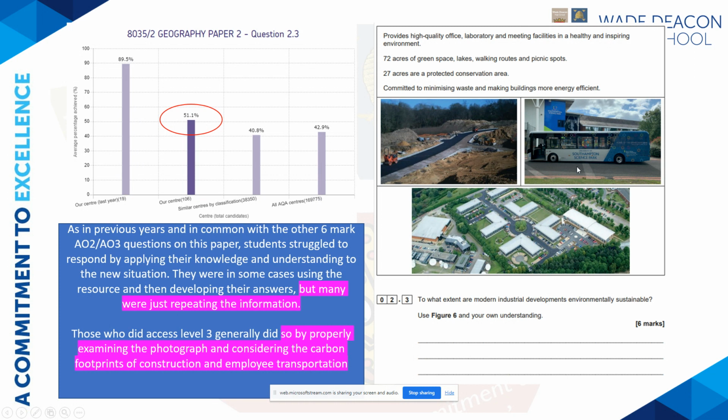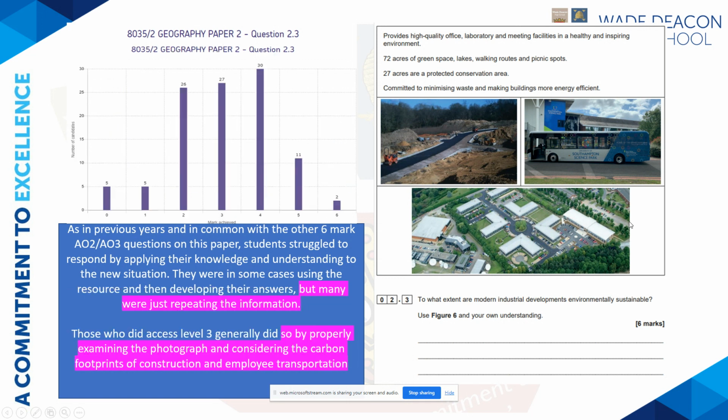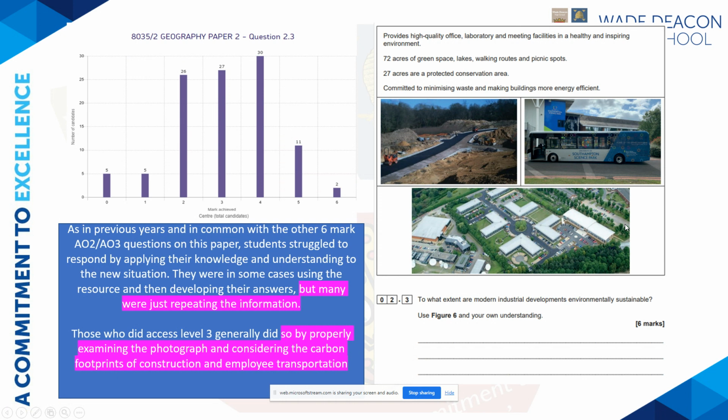To talk about the fact that the company put on buses for a park and ride system to get them to and from work. Think about electric car points when they pull up to work, and encouraging people to cycle to work as well. Another mixed bag. We got highs of 4 in this one. Only 2 students got 6 marks on that question.